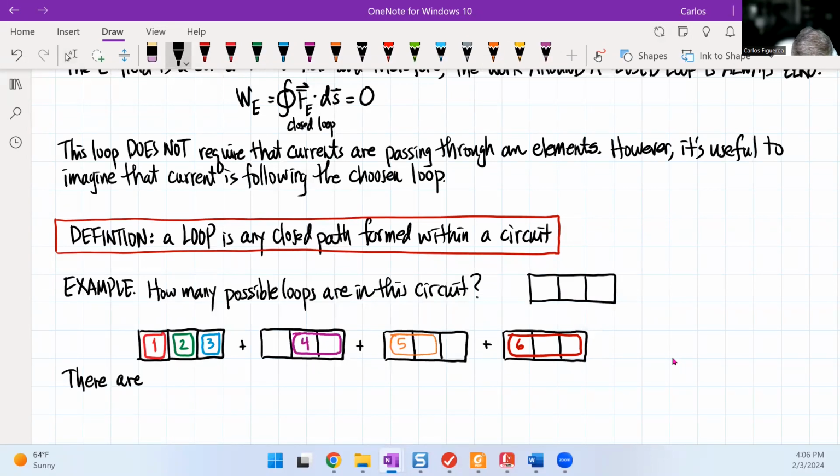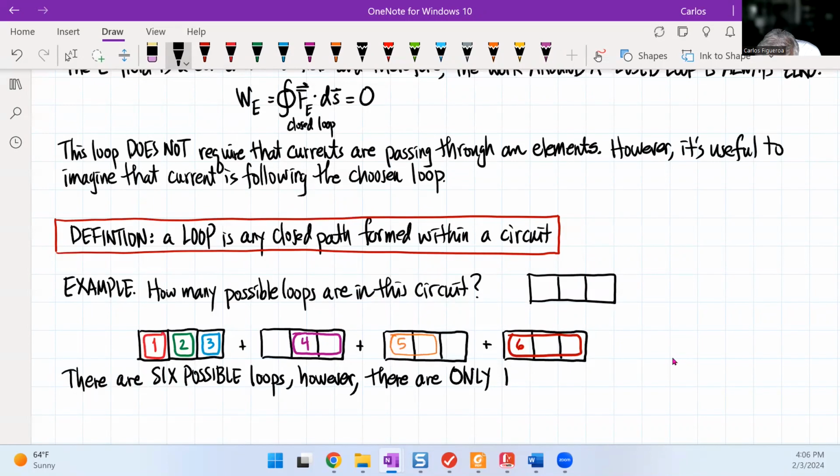There are 6 possible loops. However, there are only 3 independent loops.